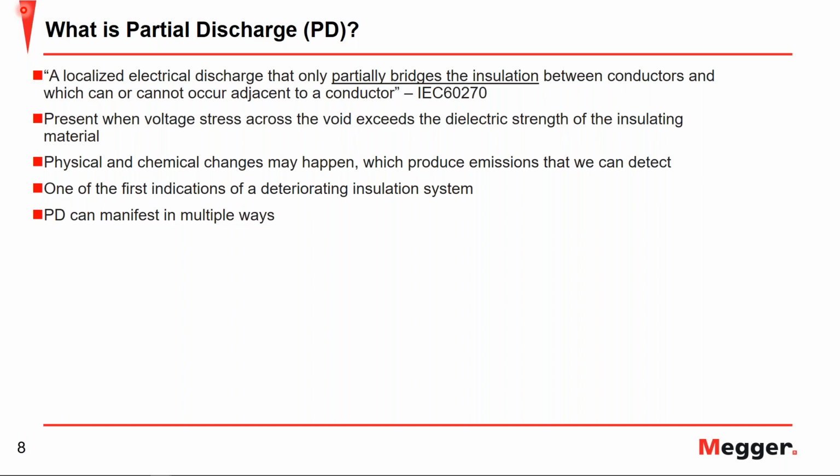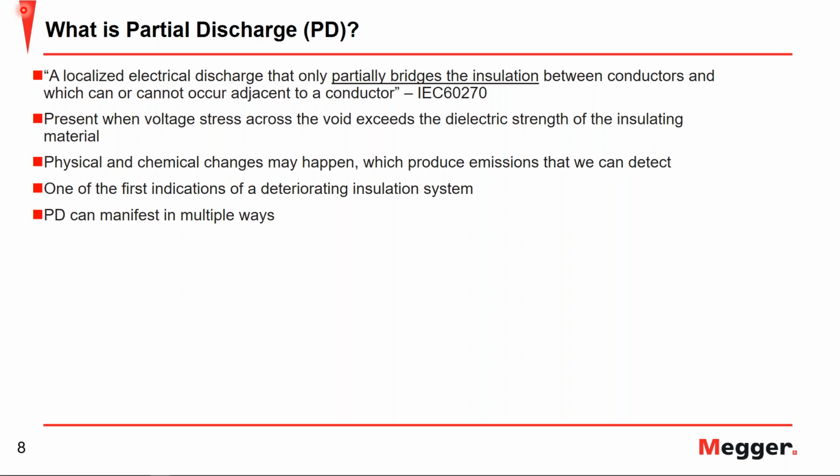Some of the physical ones could be your apparent charge from the current pulse, which is that picocoulomb measurement. There could be electromagnetic pulses that you may decouple. Some chemical changes are ozone that's emitted when partial discharge takes place. It may not be quite as big of a deal for cable, but in rotating machines, ozone is extremely corrosive, so something you really want to keep an eye on.